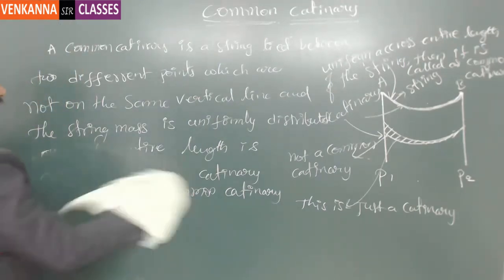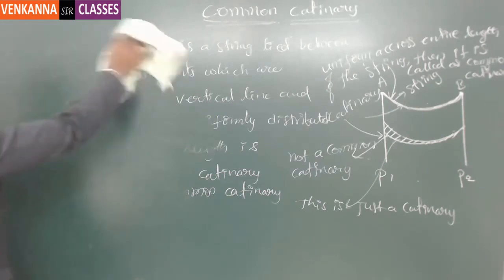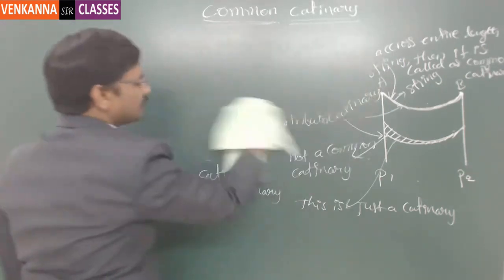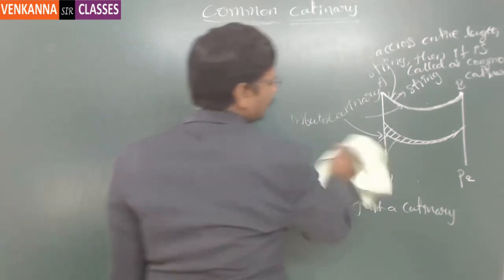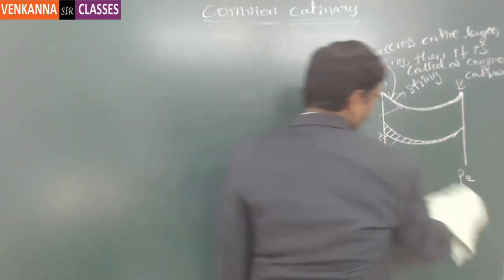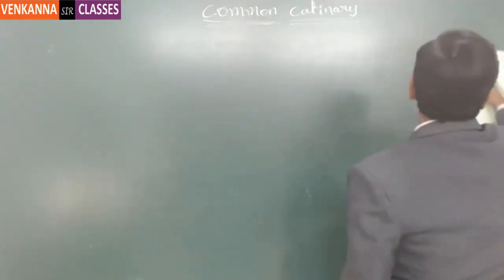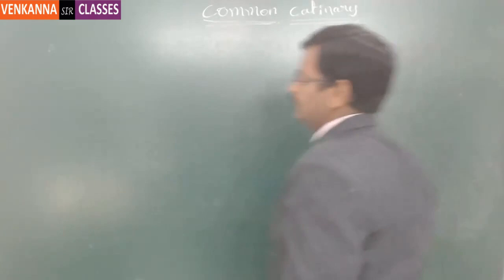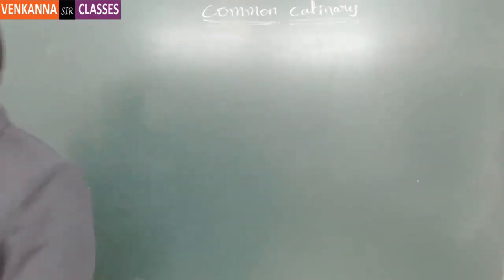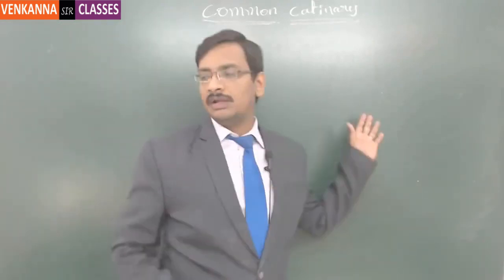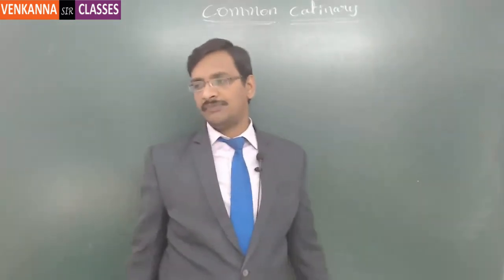Now from the UPSC point of view, what we need to learn is the equation of the common catenary. There are different forms of this equation. One is the intrinsic form, and another is the Cartesian form. You need to understand the meaning and implications of those equations, along with the interpretation, to calculate different parts of this common catenary, right?